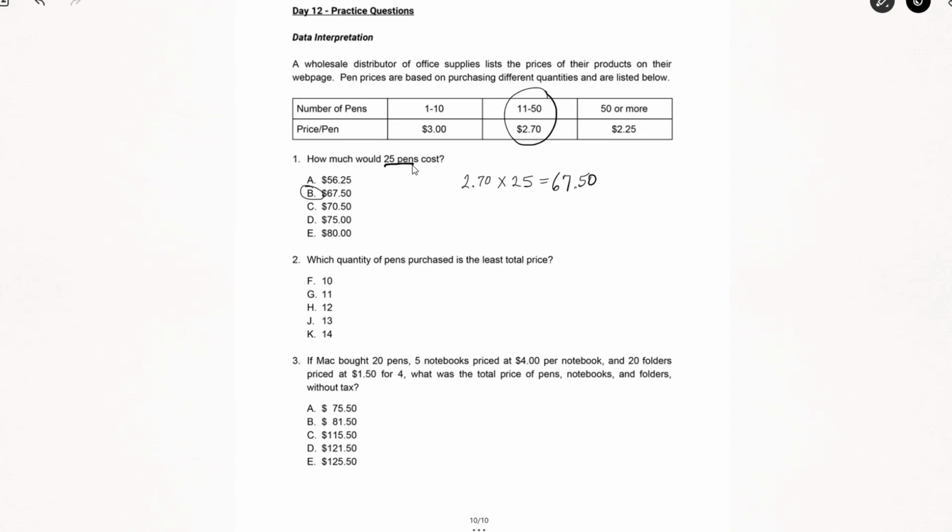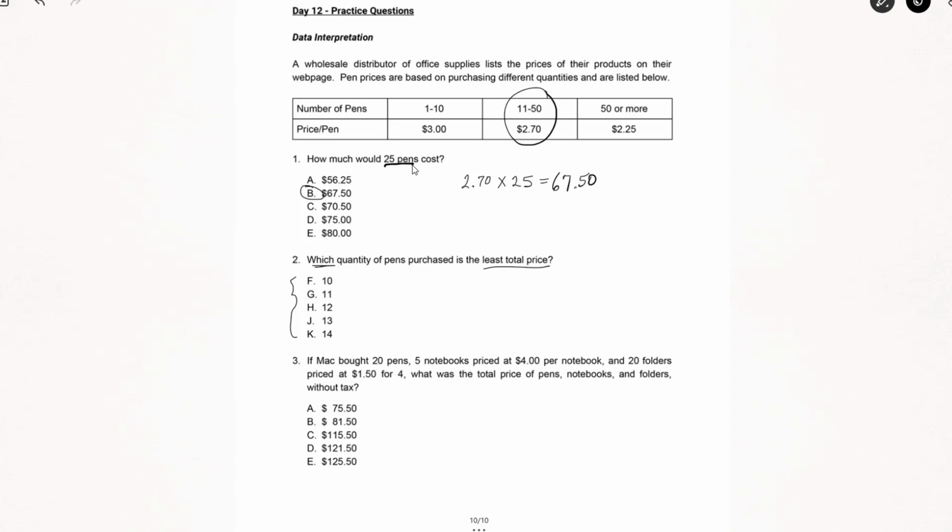Question number 2 says, which quantity of pens purchased is the least total price? When we have a question that has "which," it means we're probably going to have to look at our answer choices to be able to figure out the answer. Of course, all the answers come from your answer choices, but a "which" question means that we probably need to look at those choices to even do the calculation.